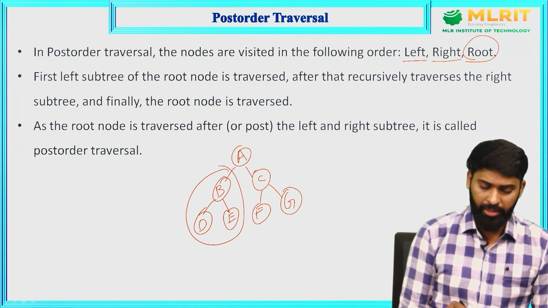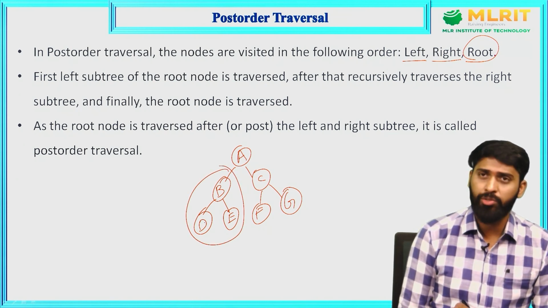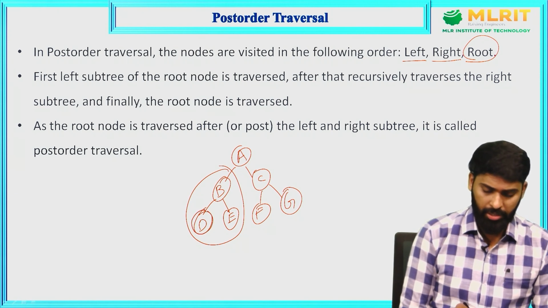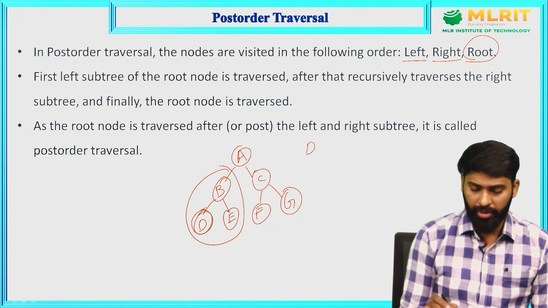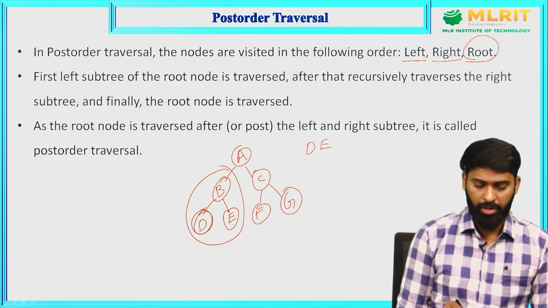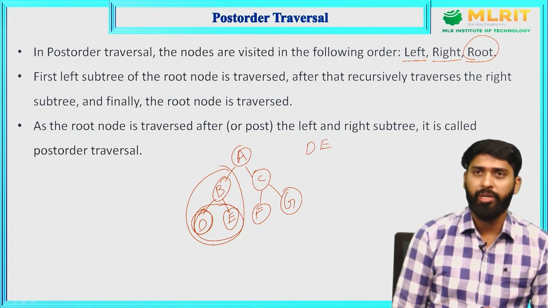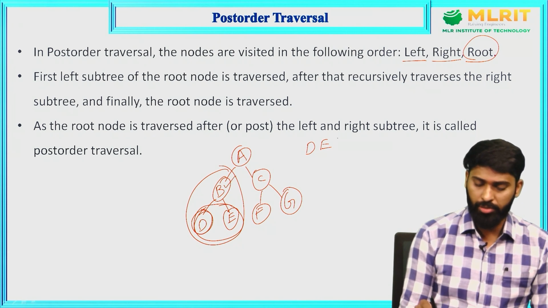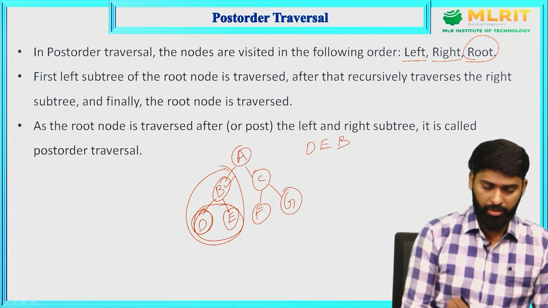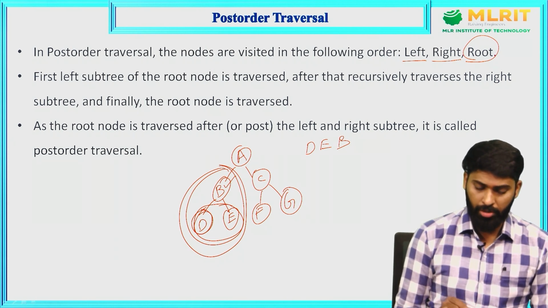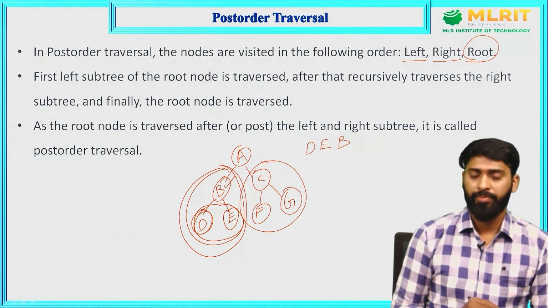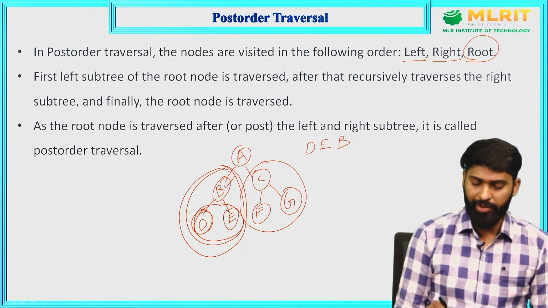Now, in this left subtree we traverse to the left side, so it is D, first we display D. After that, move to the right side, that is E. Now, left and right are completed, so print root, so B. Now, this left side is completed, so move to the right side, so C, F, G now.